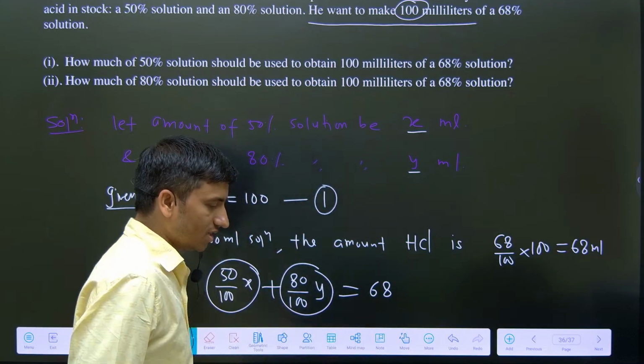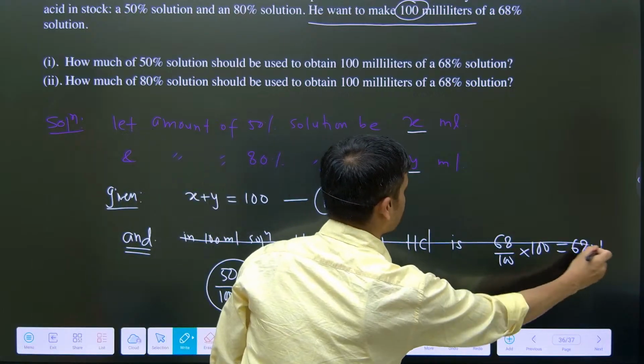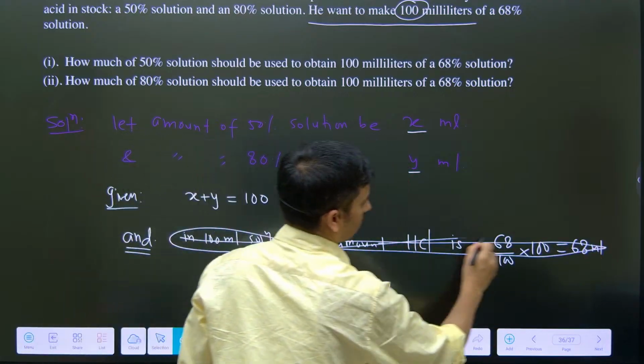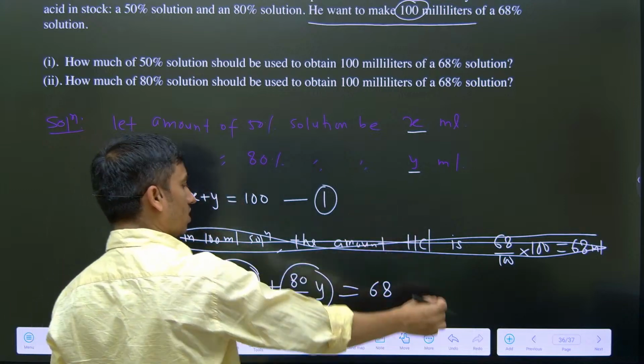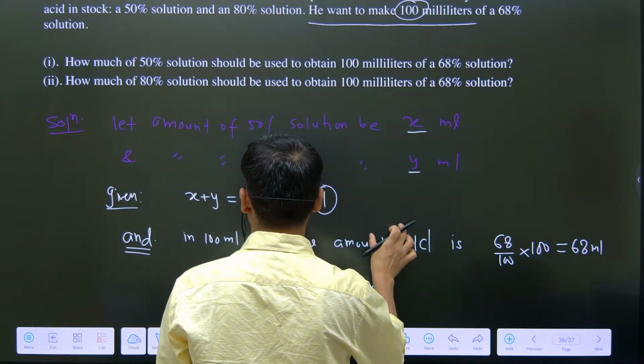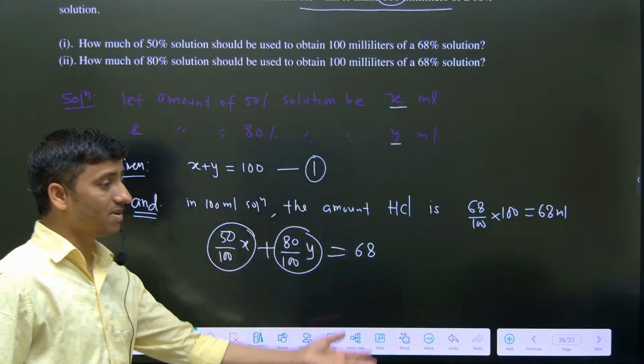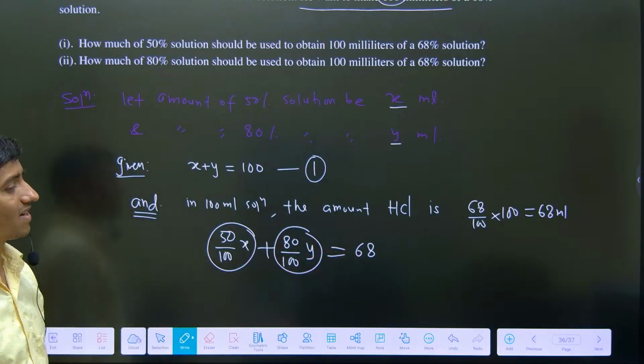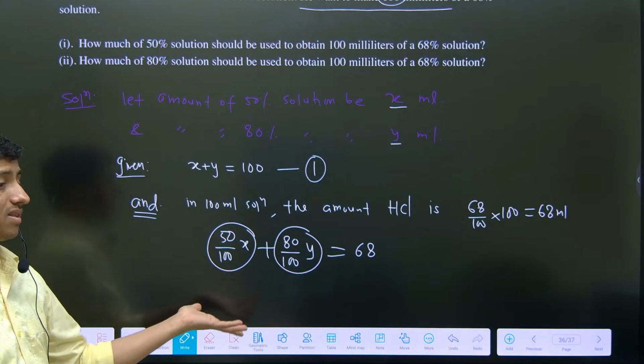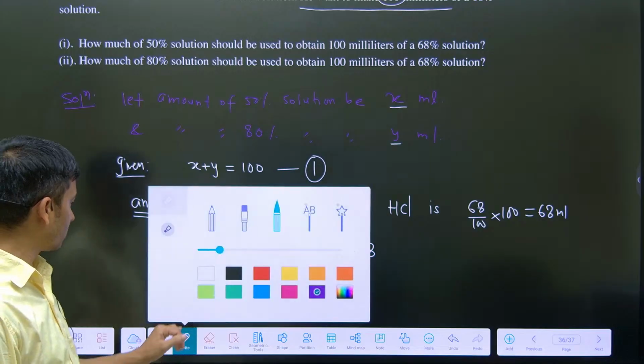Do we understand this? Even if you don't write this step, you still will get full marks, guys, okay? I just wrote it so that we understand the amount of HCl. They might change the chemical name here, but the procedure will remain the same, okay? Please remember this. Even in 11th and 12th you have a few questions of this kind.